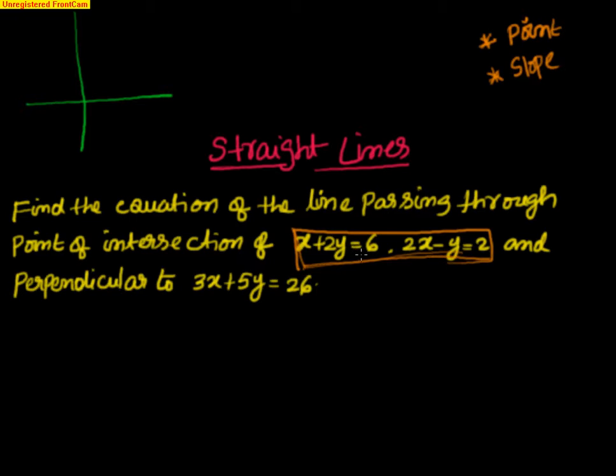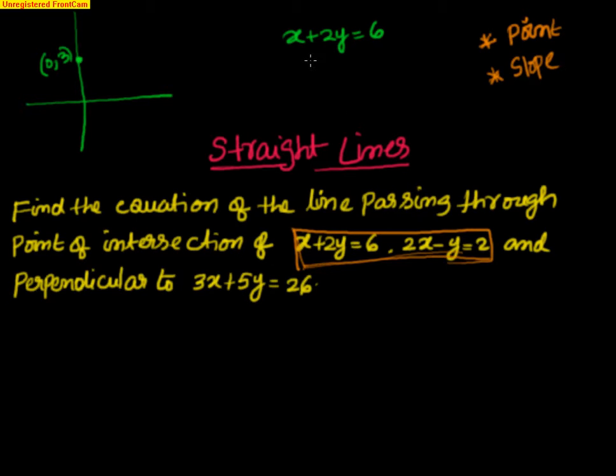Now x plus 2y equal to 6. Whenever I see this, my initial impression is to put x equal to 0 and y equal to 0. If I put x equal to 0, I know 2y equal to 6, that means y equal to 3.